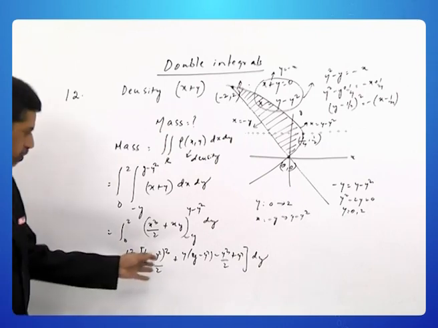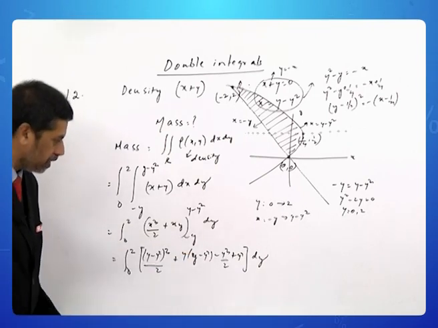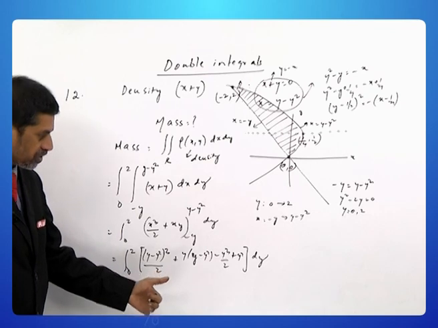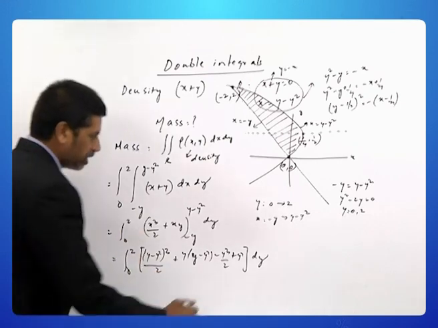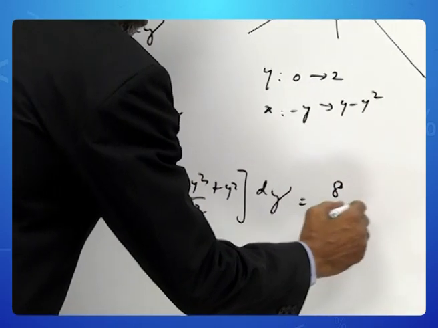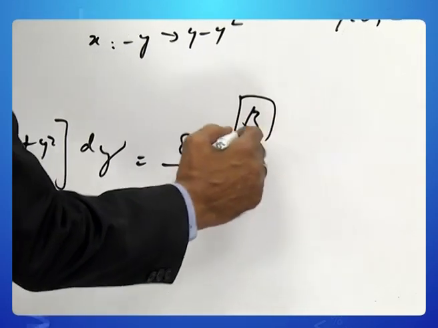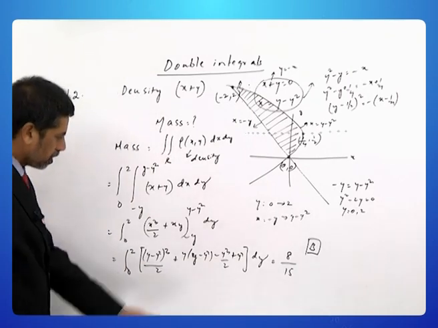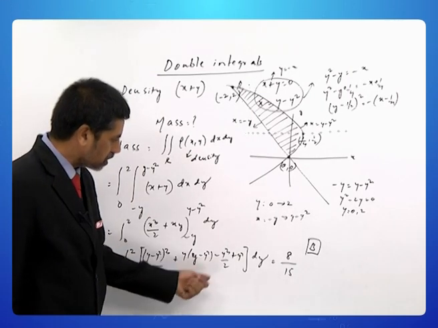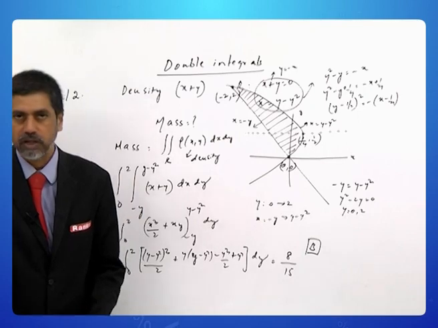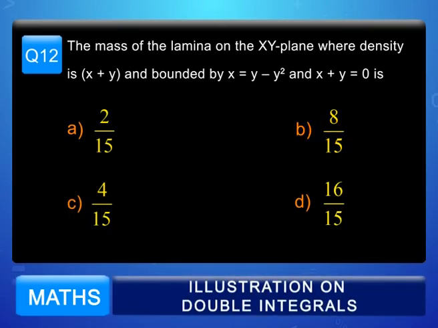So it's a basic question of expanding algebraically, doing a little bit of simplification, integrating, and then let's get the output, 8 by 15, option B. I will leave this simple exercise of expanding, simplifying and integrating to the student. So option B is the correct answer for this problem.